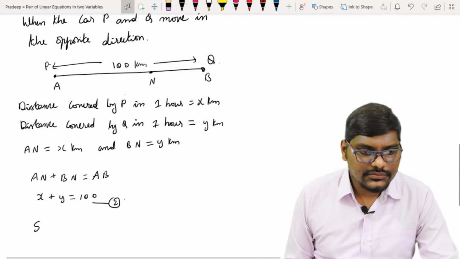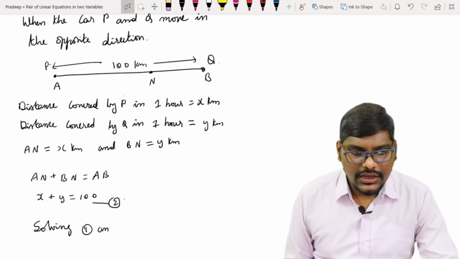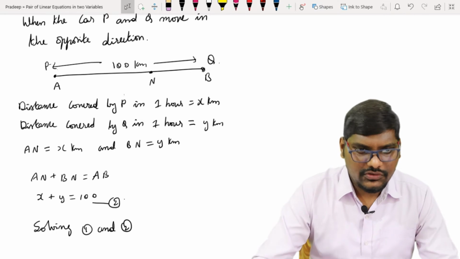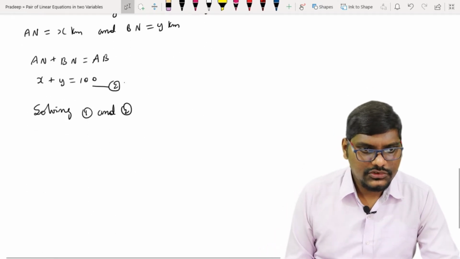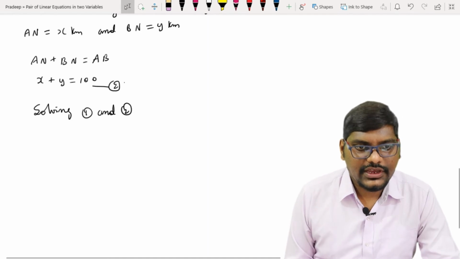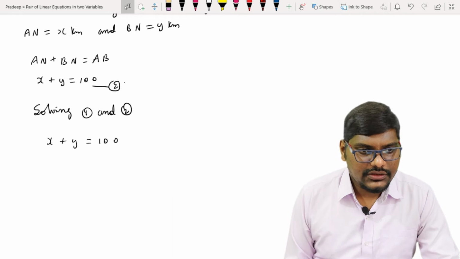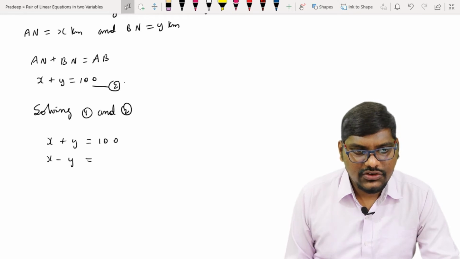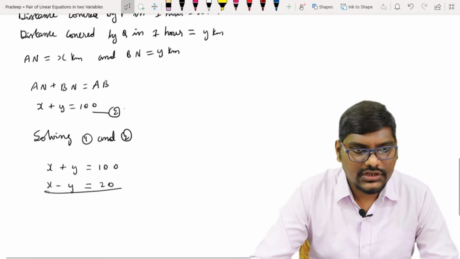So I can write here solving 1 and 2. What is the first equation? It is x minus y equal to 20. I'll write the second equation first: x plus y equal to 100, then x minus y equal to 20. These are the equations which we got, right?